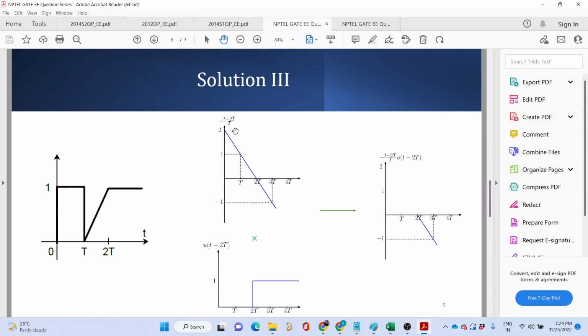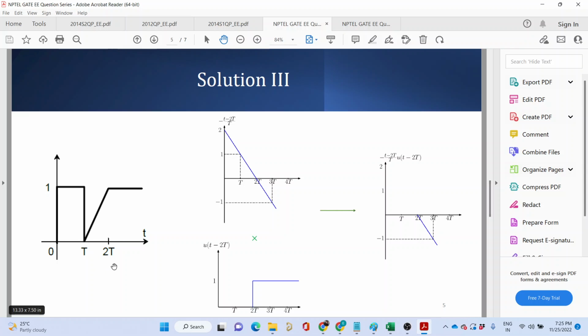Yes, sir. Okay. So now again, just like the previous case, we do not need this function before 2t, right? We do not need this part of the function. We just need the function from 2t to infinity, right? Because we need to cancel out the effect of this positive slope from 2t.